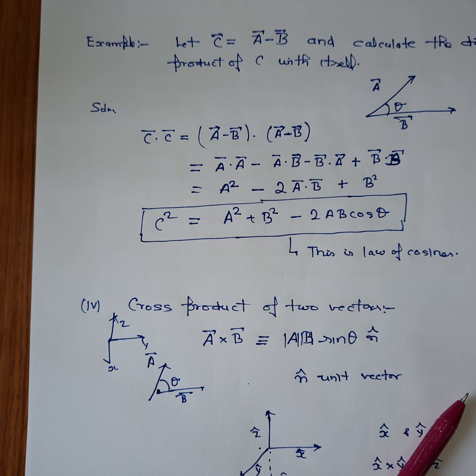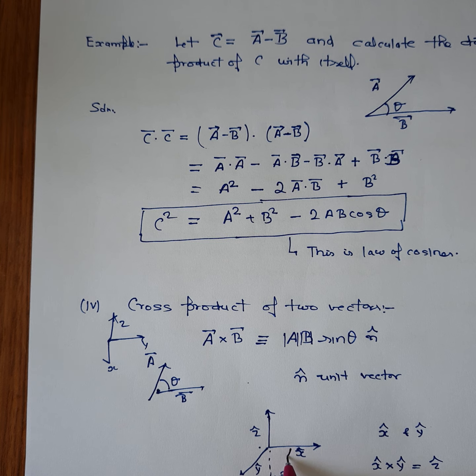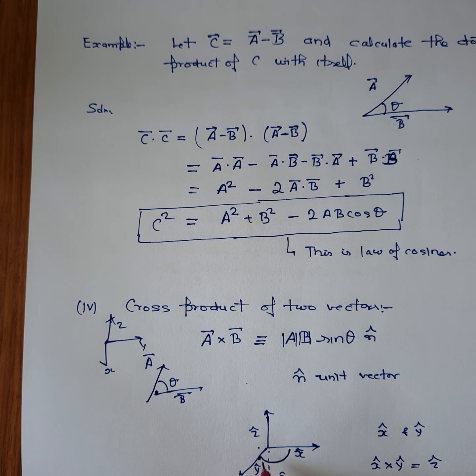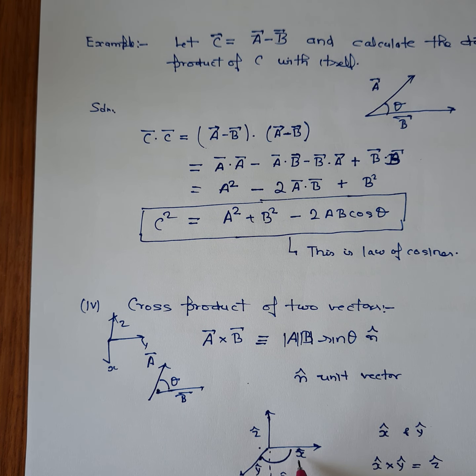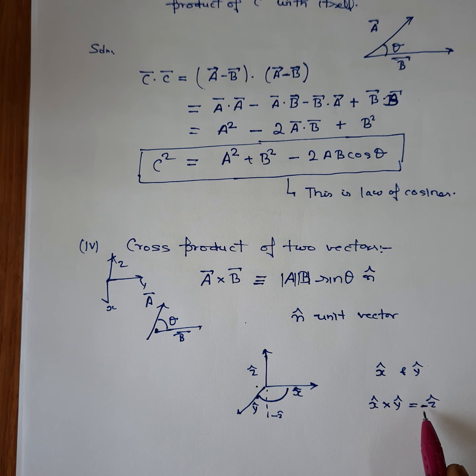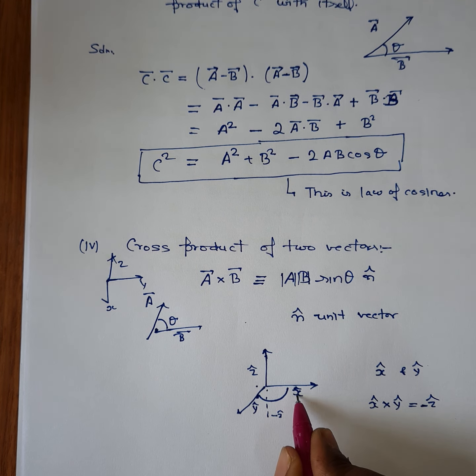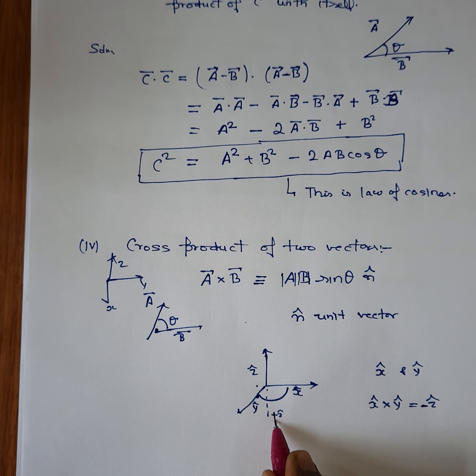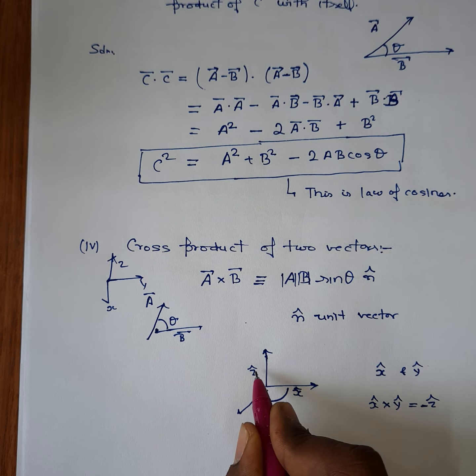If x is in this direction and we take x cross y cap, then using the right hand rule it should be minus z cap, but I have made a mistake here, because usually when we do the right hand rule, if this is x cap and this is y cap, then the plus z cap direction will be this and this will be minus z cap.